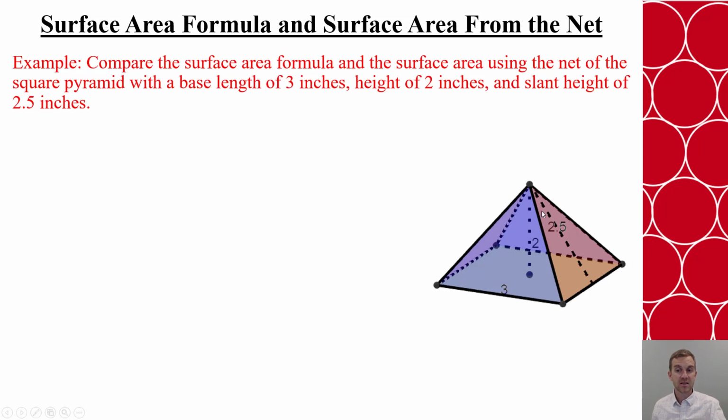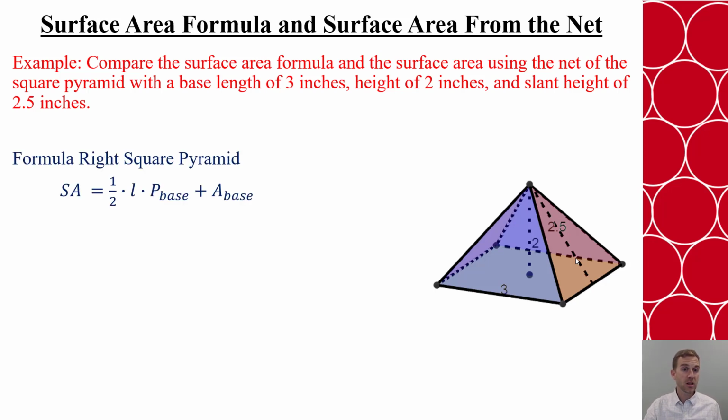Slant height is the height if I look at each of those individual triangles that make up the square pyramid. The formula for a right square pyramid is 1/2 times the slant height, that's the L, times the perimeter of the base, plus the area of the base. And the base in this case would be the square.